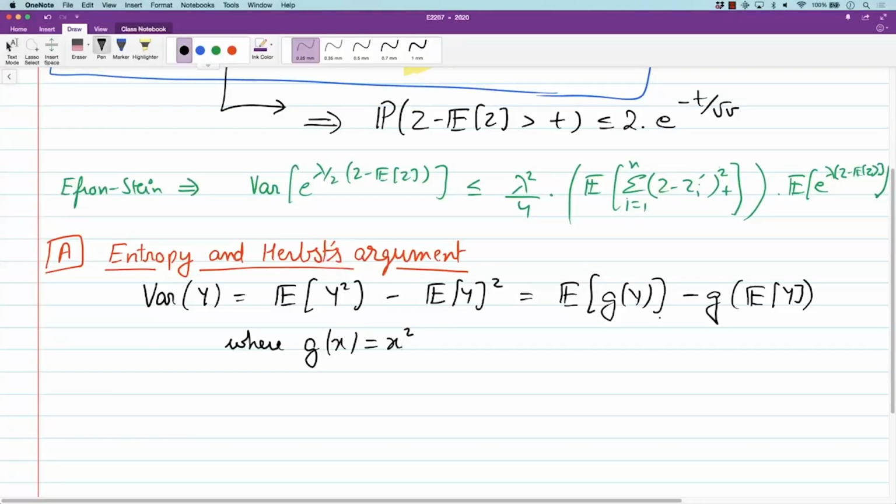A similar quantity can be defined using another function. Consider this function h of x equals x log x.